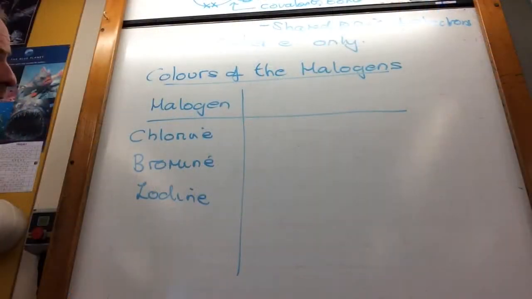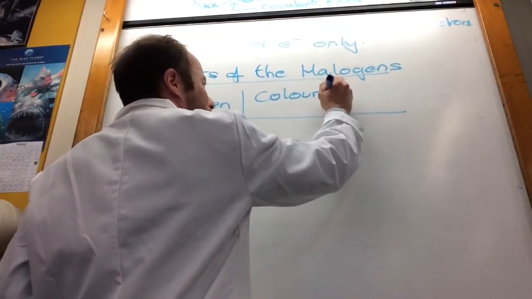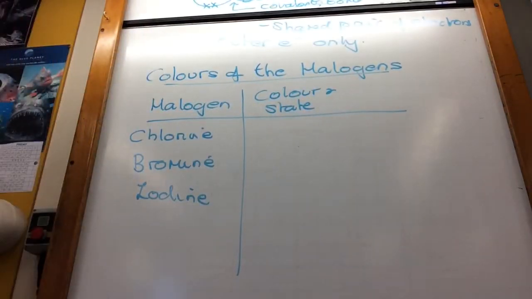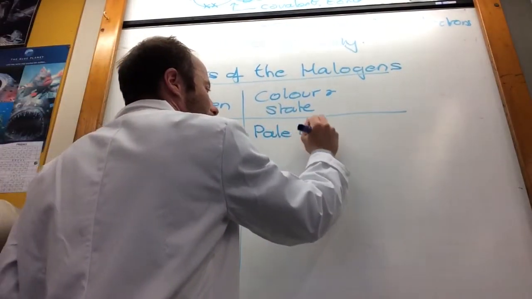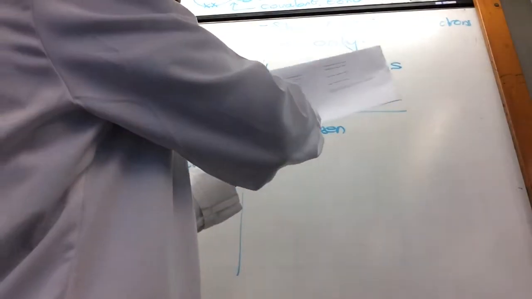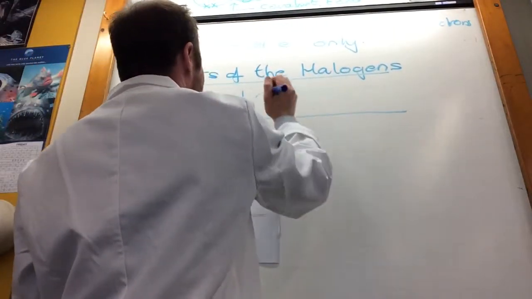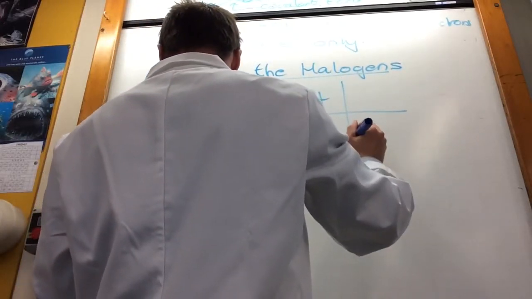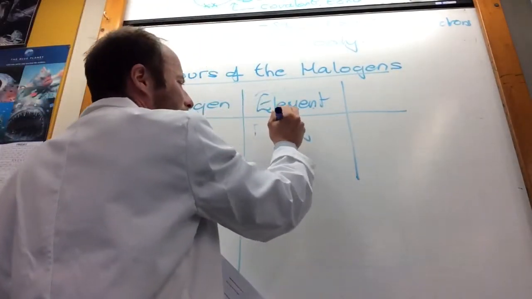So from that, the halogen, the colour and state, we know this. Chlorine is a pale green gas. Where it says halogen, the element, you could put the symbol. So how do we write chlorine?